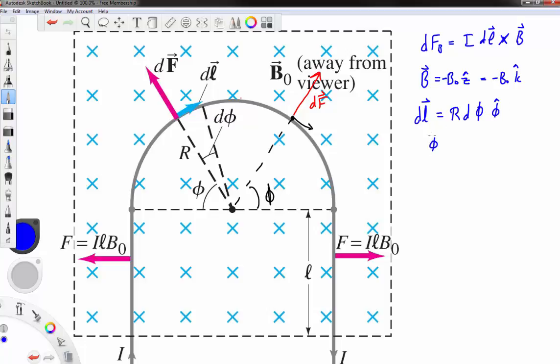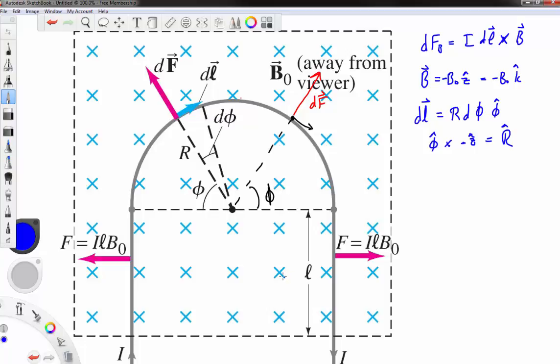Now if we do phi hat crossed with negative z hat, what we're going to end up getting is actually the r hat direction. And in fact, looking at the way that these vectors are set up, you can see that this is going to point out radially.